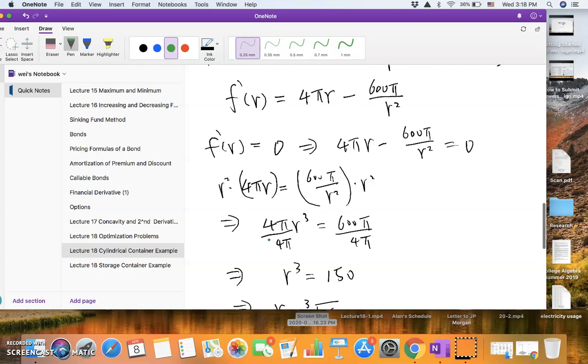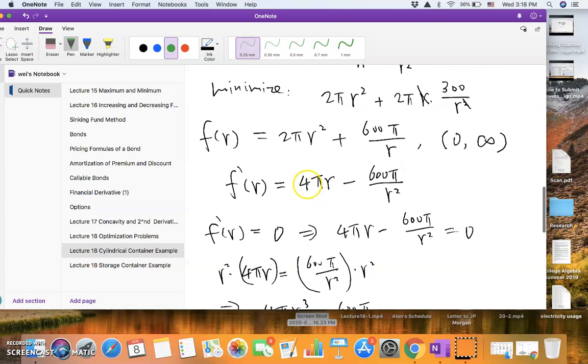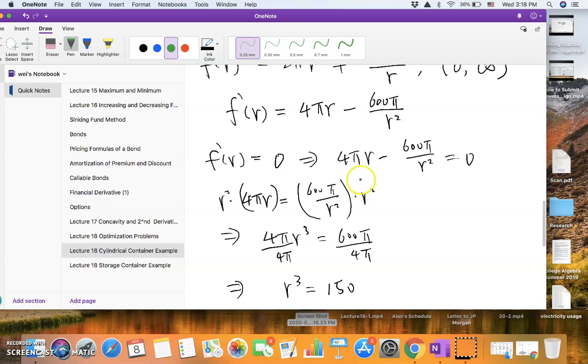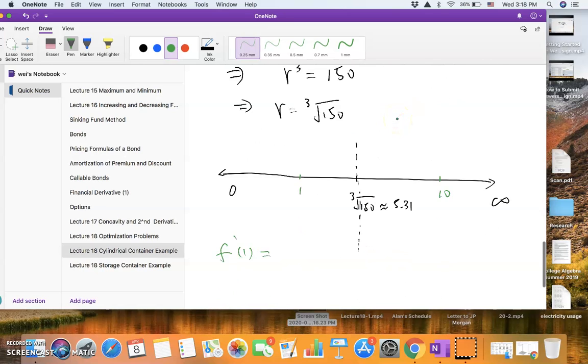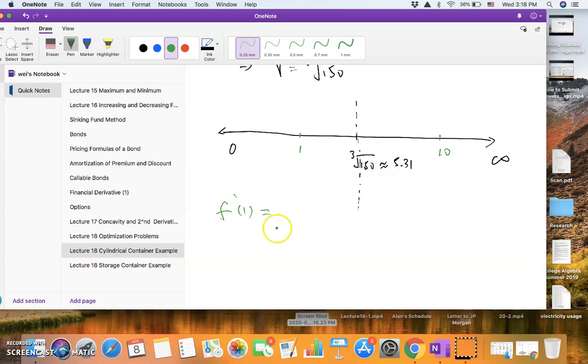When r equals 1, the derivative is 4 pi times 1 minus 600 pi over 1. Now this is negative, so since the derivative is negative, the function is decreasing.